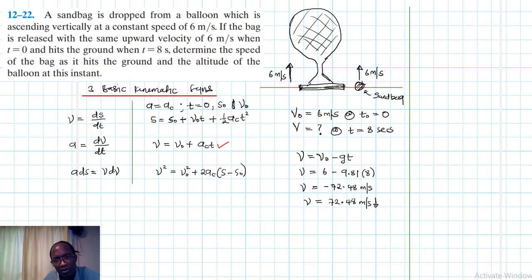So if this was the initial position of the balloon, and then we have our bag, like so, we are saying this was the initial position. There's no space, so say this was the initial position.